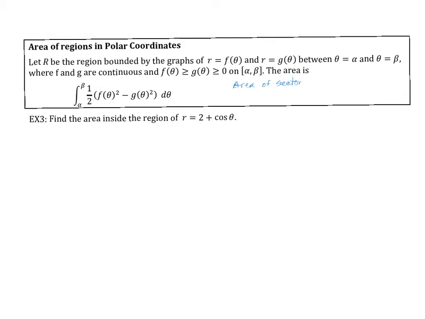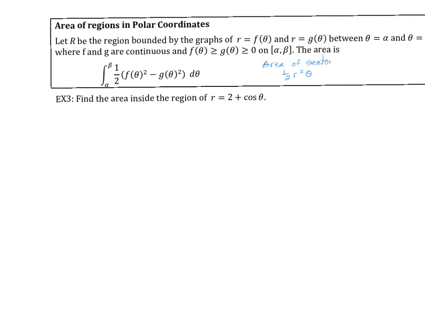Again, if you remember this from trig, the area of a sector is 1/2 r squared times theta, which is where this formula comes from. We have our 1/2, and then f of theta squared minus g of theta squared. That's our r squared.